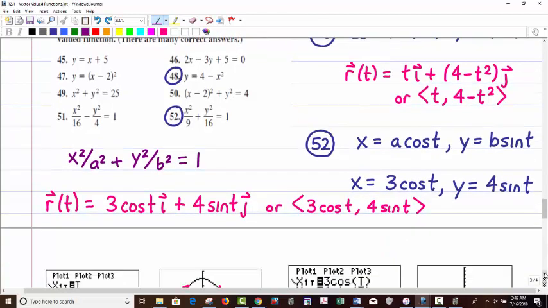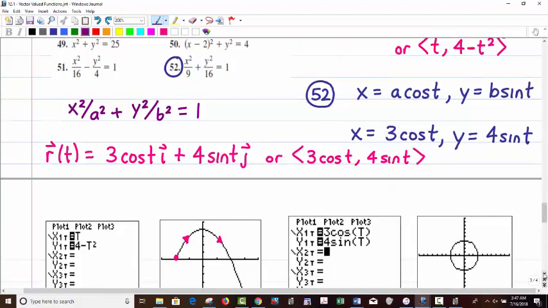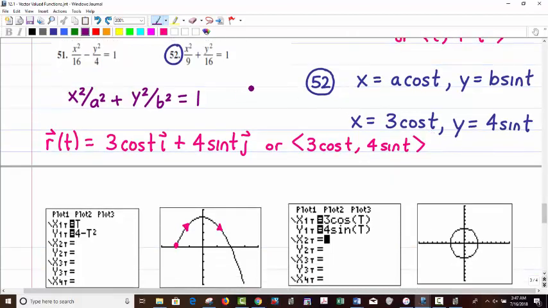The square root of 9 would be the a, here 3, and the square root of 16 would be 4. So your vector valued function based on the parametric equations: x equals 3 cos t, y equals 4 sine t. Those are called your parametric equations. But now when we write them like this, they are a vector valued function.